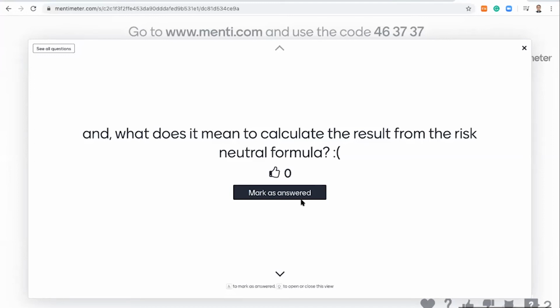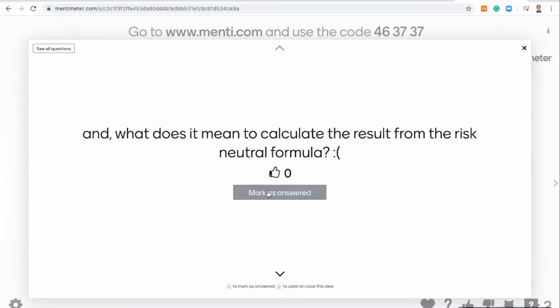So sometimes people just forget that we want the no arbitrage price, but actually that is the point. The risk neutral formula happens to be the same to derive the no arbitrage price.